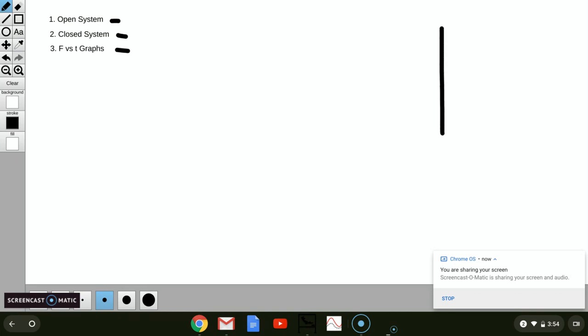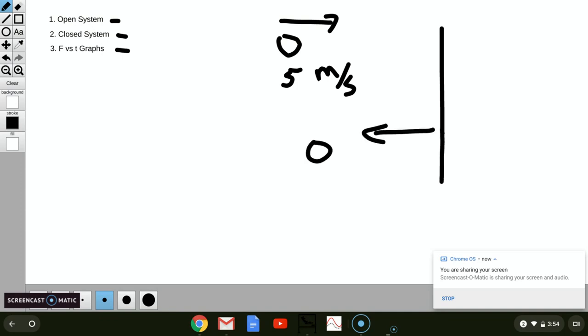Classic problem with this is if you throw a tennis ball against the wall. So let's say here's our wall, here's our ball, and our ball is traveling at the wall, and I'm going to keep the numbers really nice here. Let's say it's 5 meters per second, and when it hits the wall, it bounces off the wall this way, and we're going to say it comes off the wall at 3 meters per second.